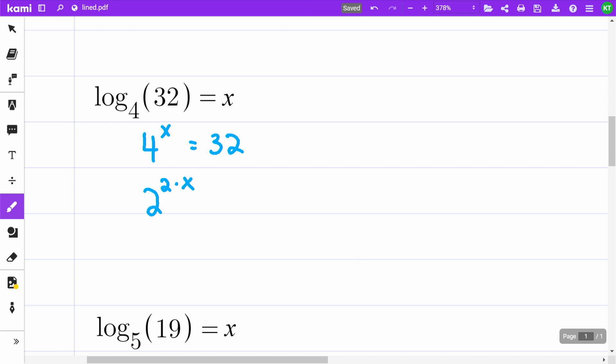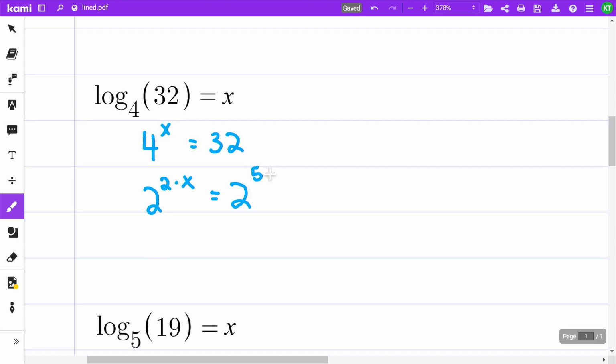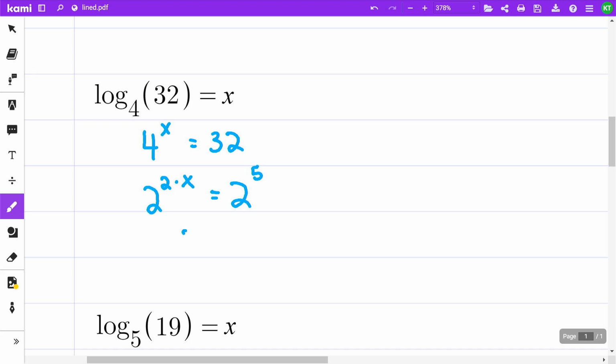And then that can be equal to 2 to the power of 2, 4, 8, 16, 32, to the power of 5. And now that I have bases that are the same, I can set my exponents equal to each other. So I'll have 2x equals 5, and then divide both sides by 2. So x would be equal to 5 halves. So that's just evaluating my log there.